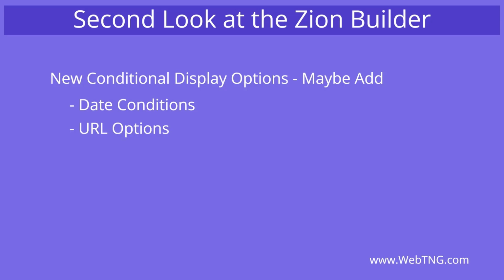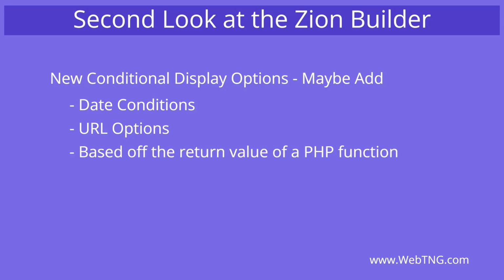Another one is related to the URL, like if you're doing landing pages and a person's coming from an ad or Facebook or something like that. There's not some PHP level of options. And finally, the other thing I thought of that would be nice to have is the return value from a PHP function.